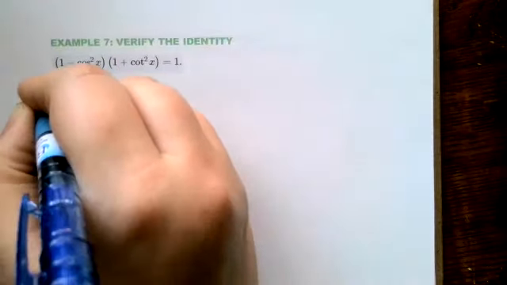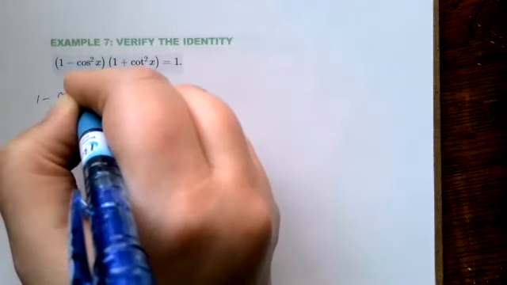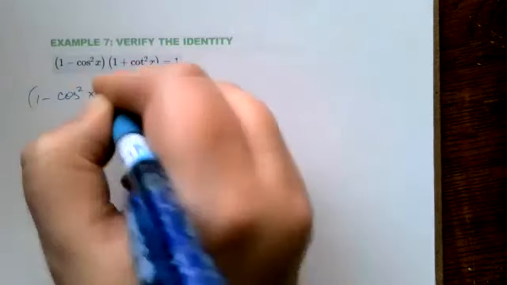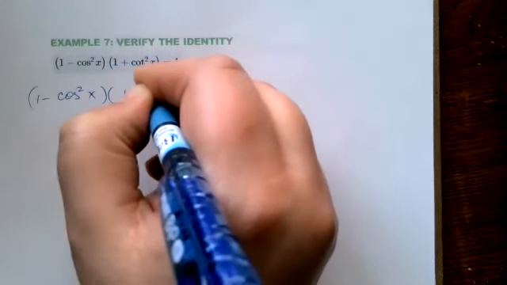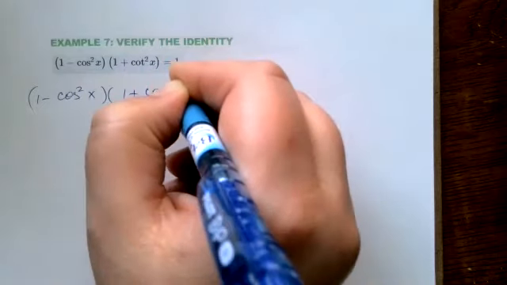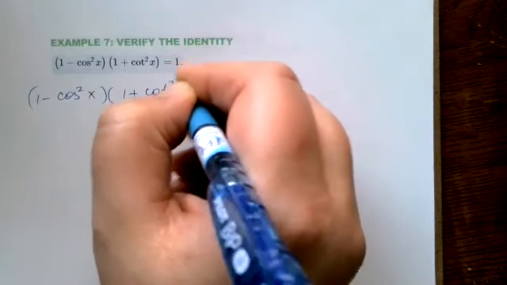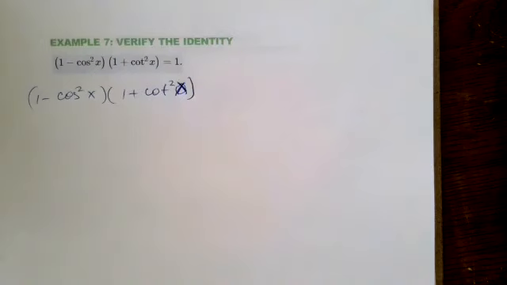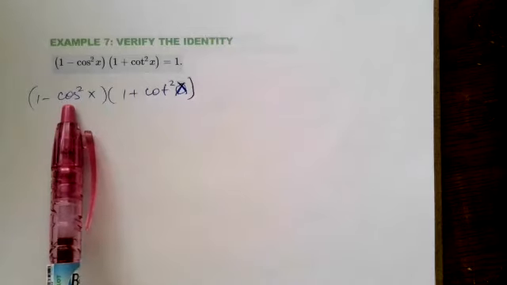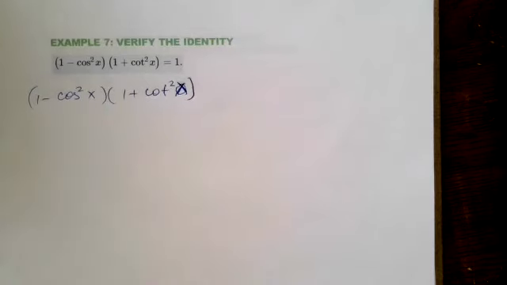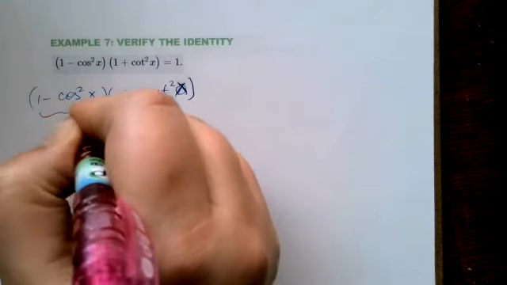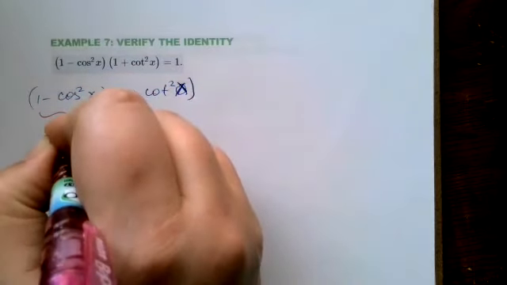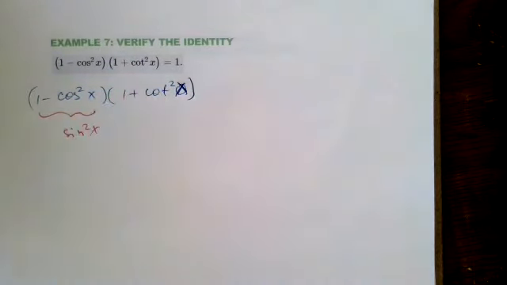We have 1 minus cosine square x multiplied by 1 plus cotangent square x. So what can we do? Right away, I see a Pythagorean identity staring at me. So 1 minus cosine square x is sine square x.